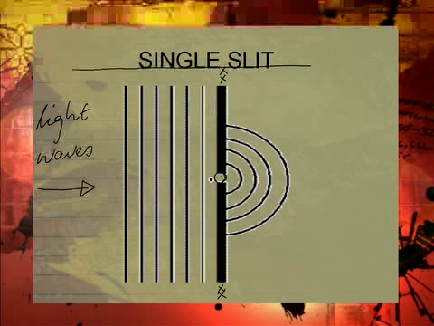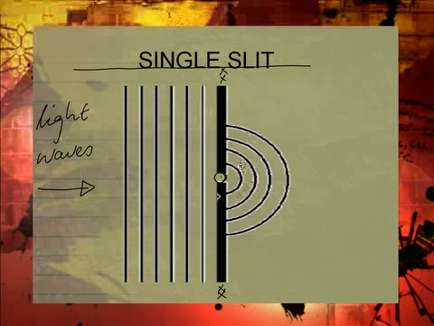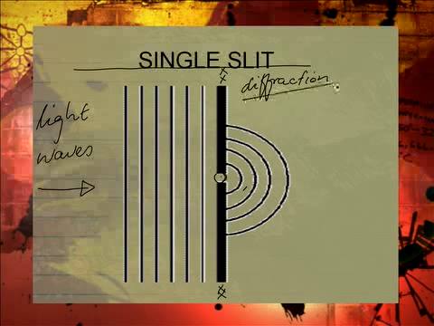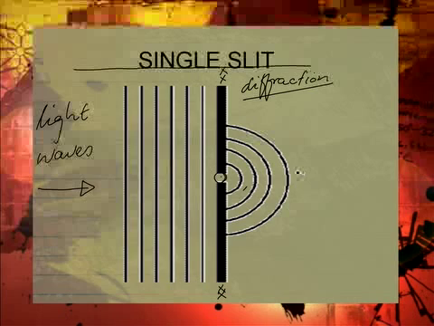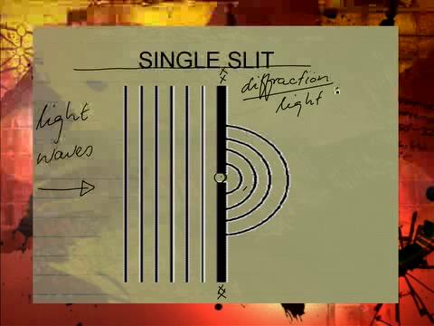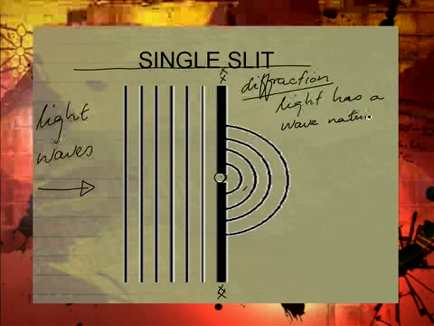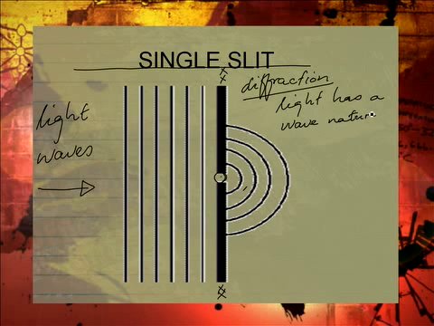When these waves get through there, they bend around the edges of the slit. That bending is called diffraction. So we see light undergoing diffraction, and therefore light has got a wave nature.